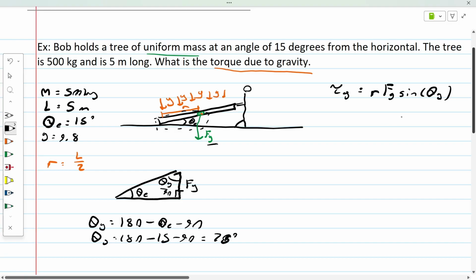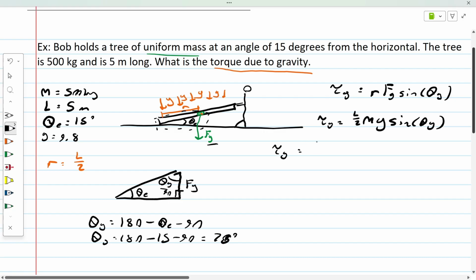Now we can start plugging some more variables in. We said r is 1/2 the length. Our Fg is just mass times gravity, because that's always what mg is. We know the mass and we know the gravity, and then the sine will be that theta g, which we just found. Now we have all these variables, and we can simply plug these in.